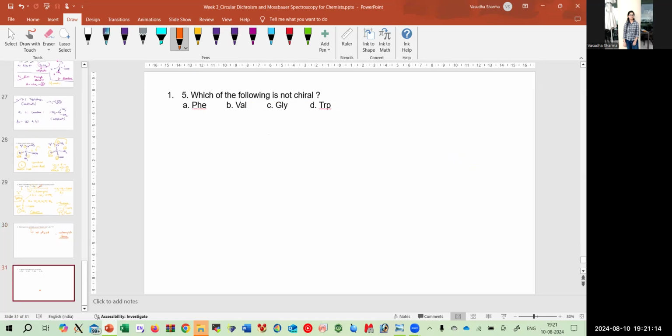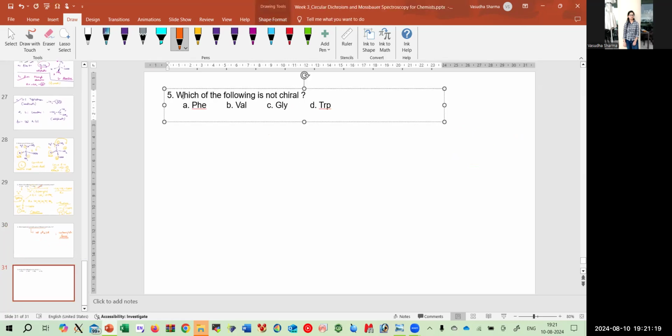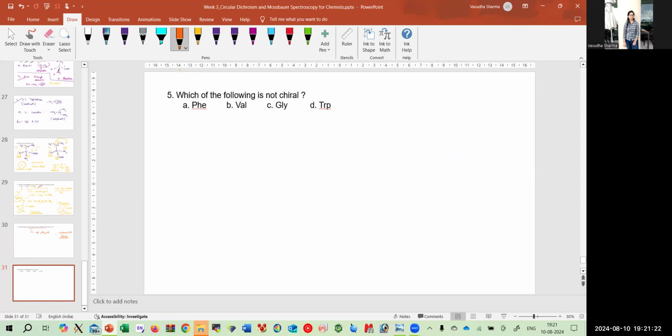The last question that we have is, which one is not chiral? So in this phenylalanine case, you already know that this is H, this is NH2, COOH. For phenylalanine, it is CH2 and phenyl group.